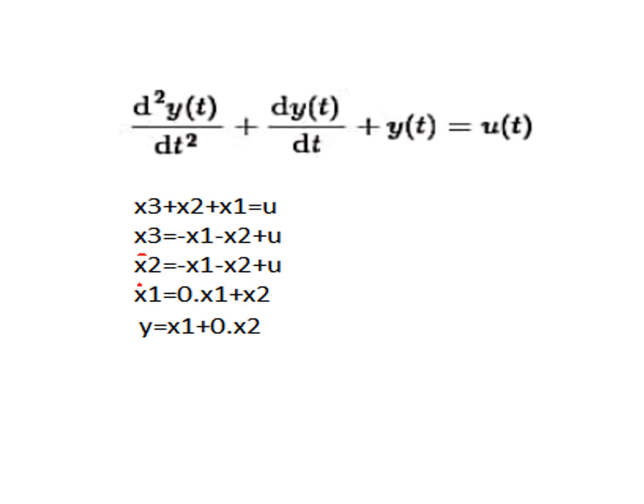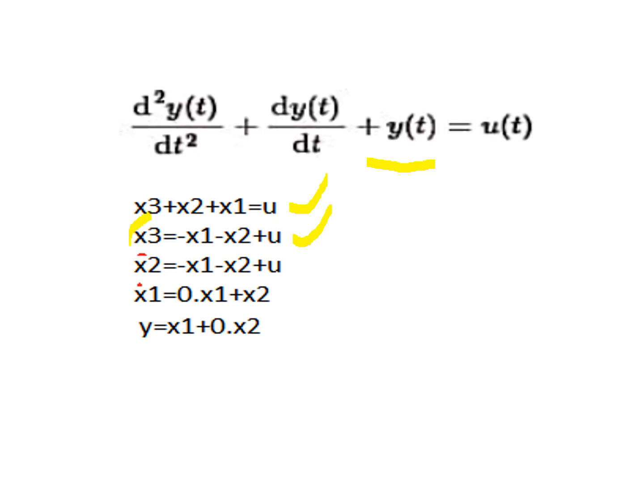By substituting all the state variables in this equation, we get d square y(t)/dt square as x3 plus x2 plus x1 equal to the input u(t). We can simplify this.